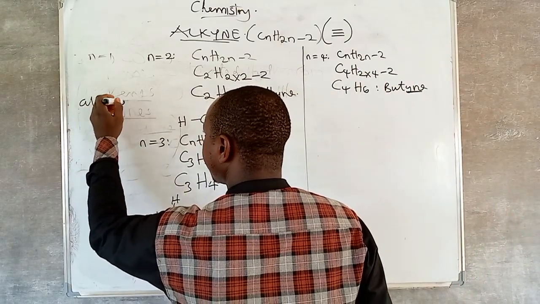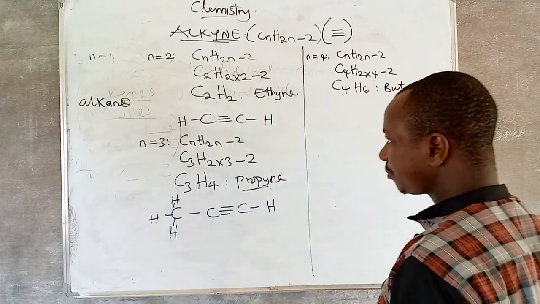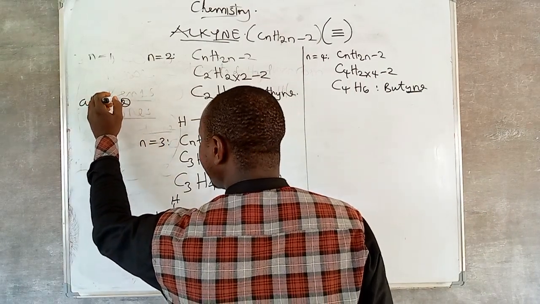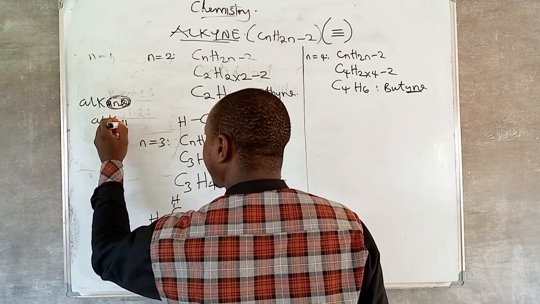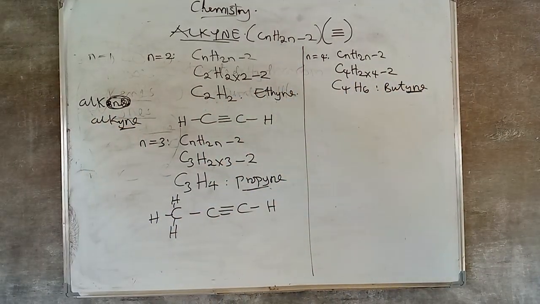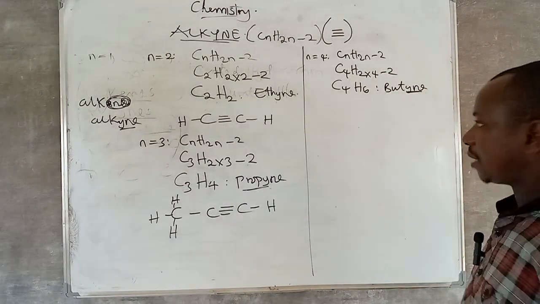Alkane, when you remove the A-N-E ending, you substitute it with Y-N-E, and you get alkyne. That's how to name it.